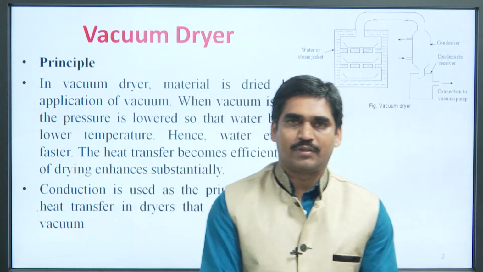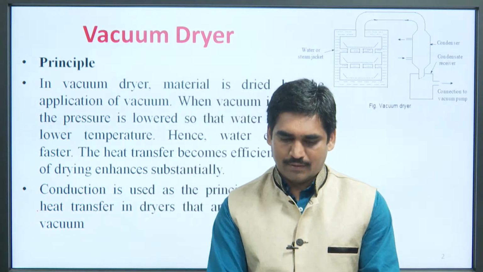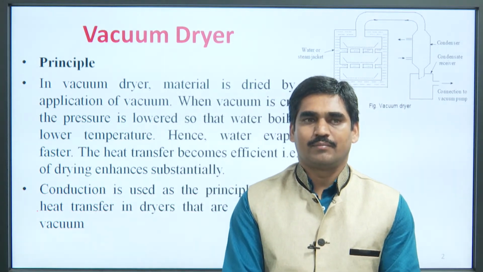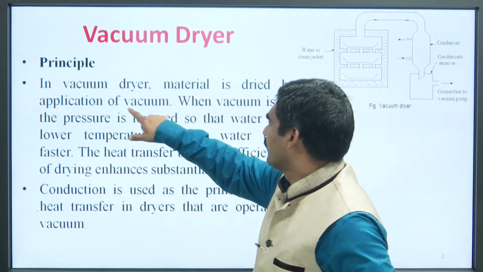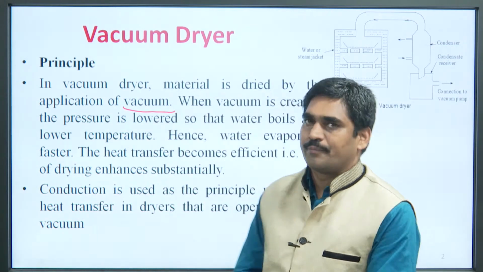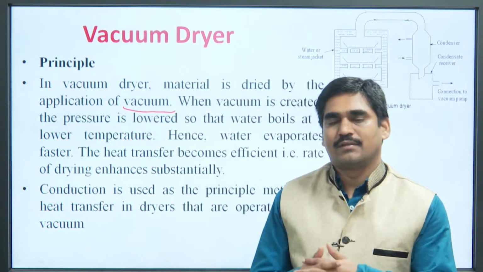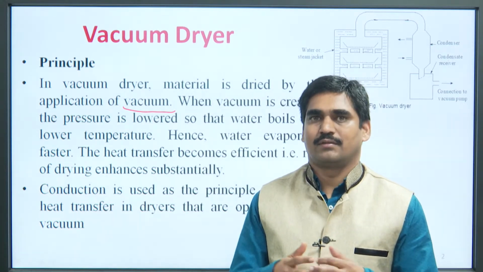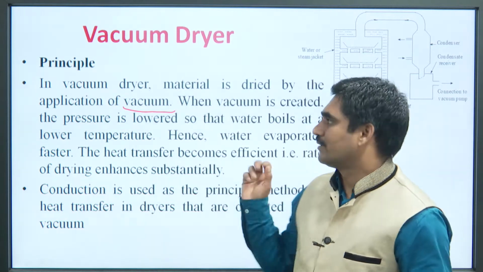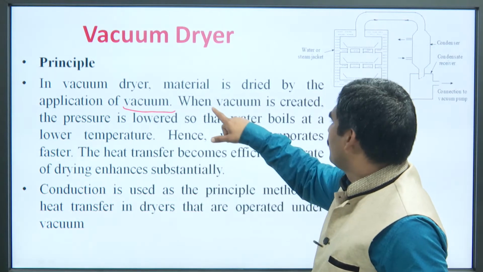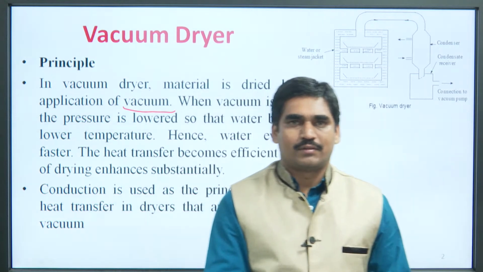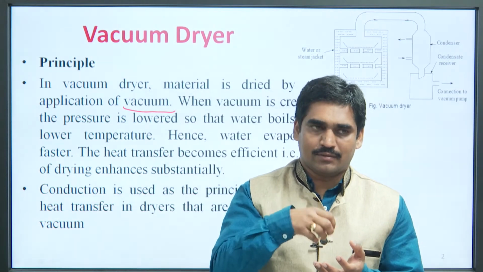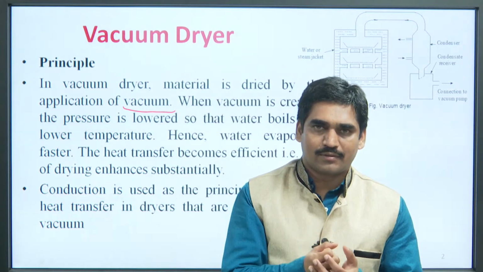In a vacuum dryer, as the name suggests, the material is dried by the application of vacuum. Since we use vacuum for drying the particles, it is called a vacuum dryer. When vacuum is created, the pressure is lowered.